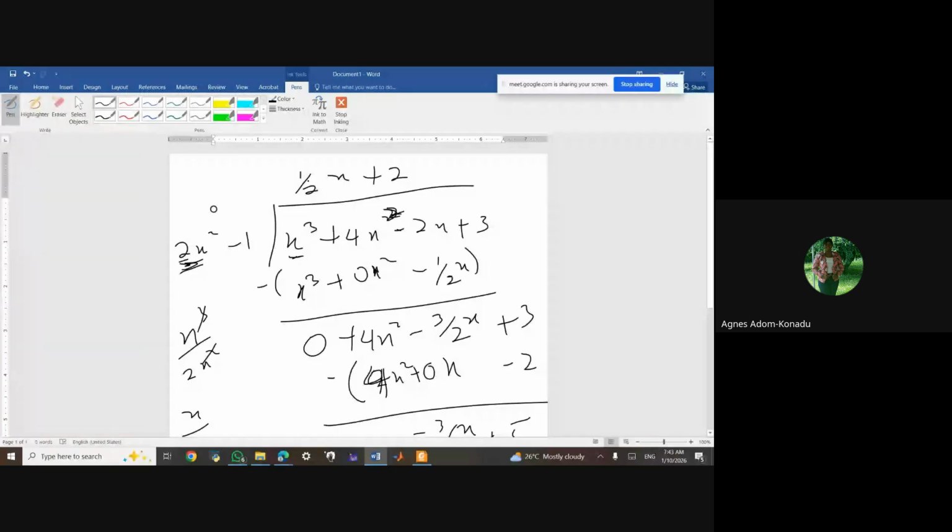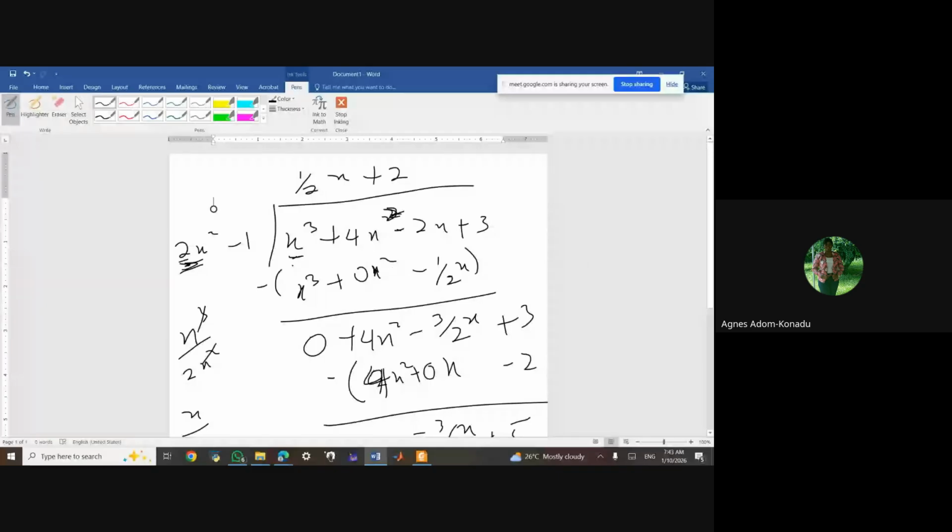So I'll bring the negative half x under the x function, and I have 2x, so I'll write it under the 2x. This means that there's no term in x to the power 2, so that is 0x to the power 2.